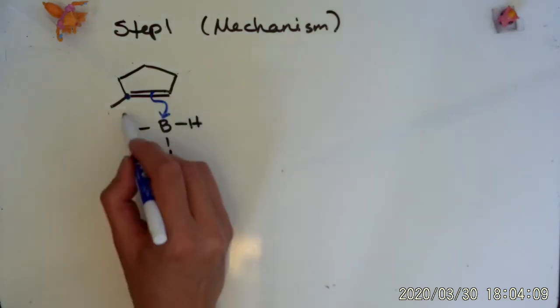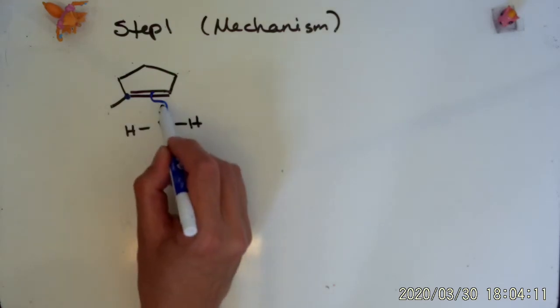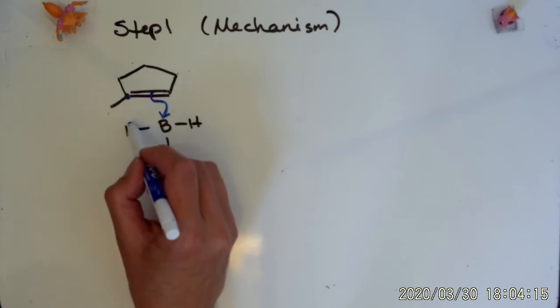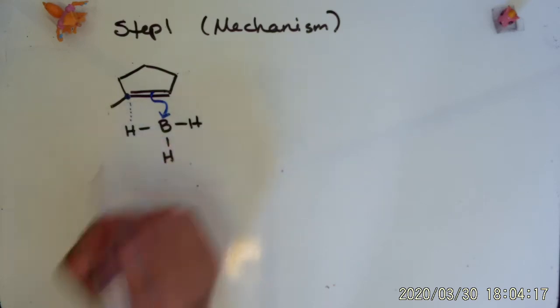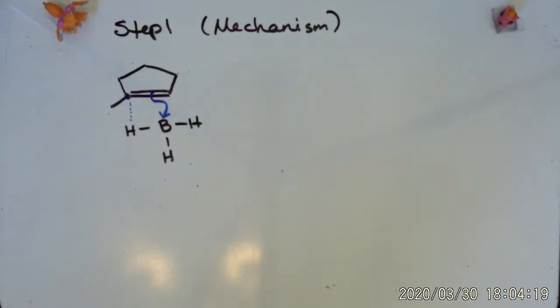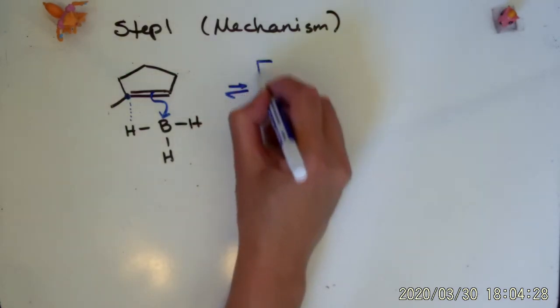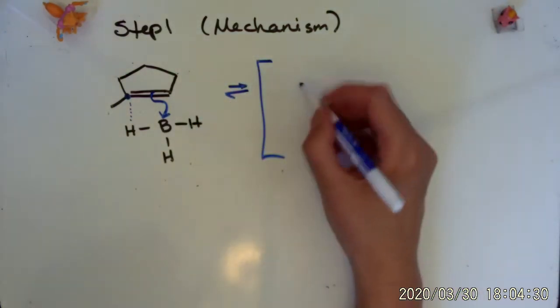So when that happens, as this becomes more of a negative charge, these electrons will gradually move up towards my hydrogen, or from the hydrogen towards my carbon. So let me just show you the transition state for this.